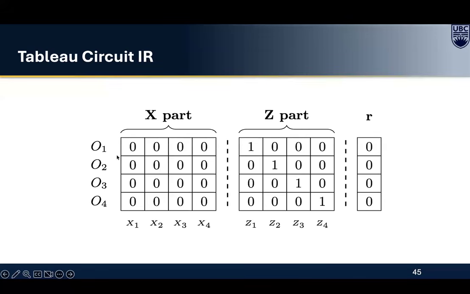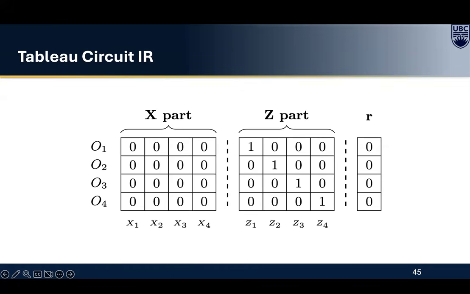What this specifies is that it has two parts for each operation: the X part and the Z part, and also a phase bit. Each of those holds binary values. So for each row, you can think of this as representing one operator in your circuit.